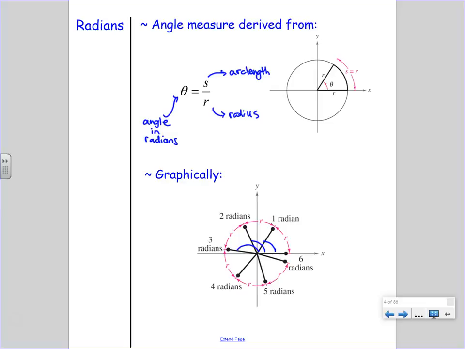I would rather deal with the one that's 180, right? So 3 isn't enough to make 180. Oh. And then I have 4, and then I have 5, and then I have 6. That doesn't even close the circle. So even though the numbers are nice, they don't help me with the circle itself because it doesn't get a semicircle, it doesn't get a whole circle, so there must be decimal radians. And there are decimal radians.